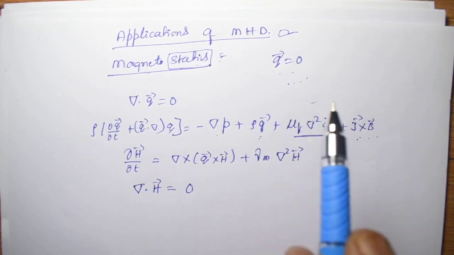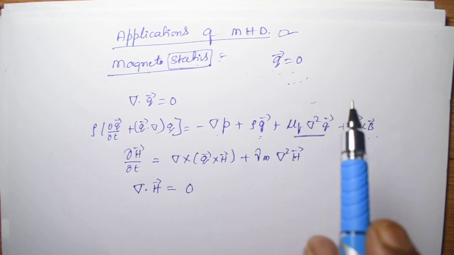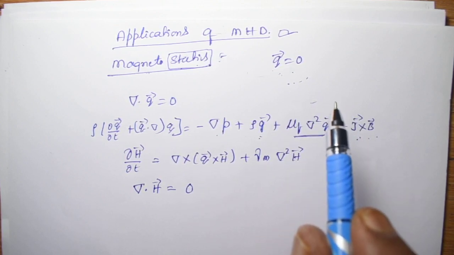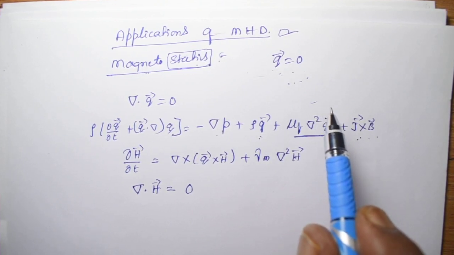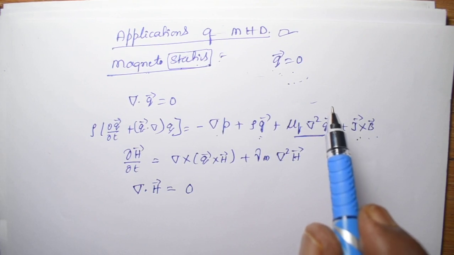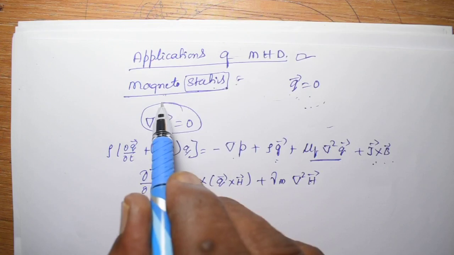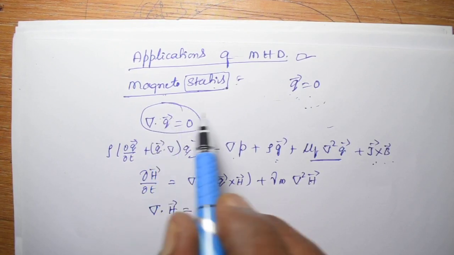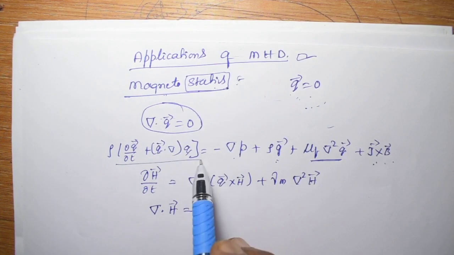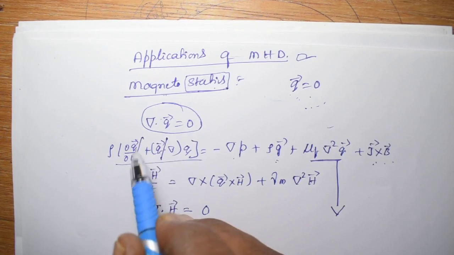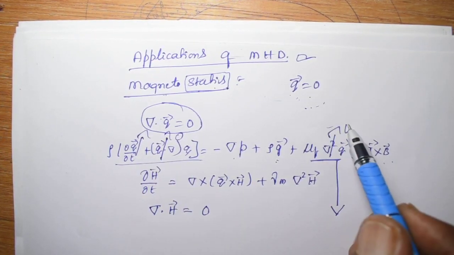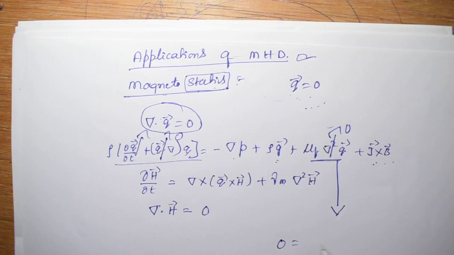By putting q equal to 0 in the basic equations of classical MHD, you get the basic equations of magnetostatics. In the first equation you won't get anything, because 0 is equal to 0. But in the second equation, when q is equal to 0, both the terms become 0 and the viscous term also becomes 0. The remaining equation is 0 is equal to minus gradient of p plus rho into g plus j cross b.